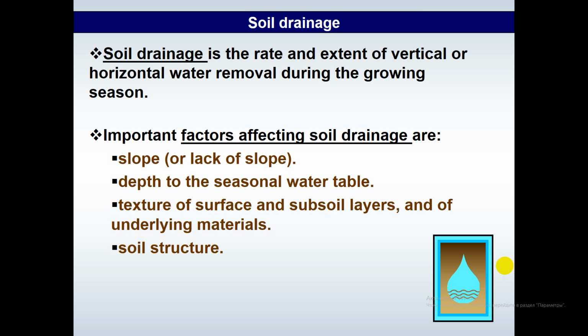Important factors affecting soil drainage are slope or lack of slope, depth to the seasonal water table, texture of surface and subsoil layers, and of underlying materials. And of course, a very important factor is soil structure.